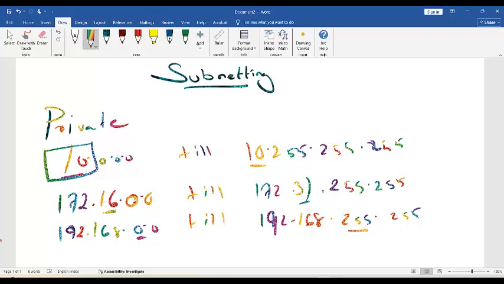Because the departments have different subnetted networks, they have to go through a router, and the router will have an ACL, access control list, a policy which will grant or deny permission as per the company's policy. So security is also now achieved because of subnetting.